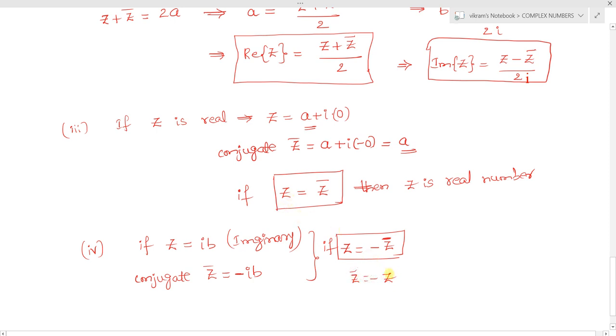So if z conjugate equals minus z, then we can say that the complex number z is an imaginary number.